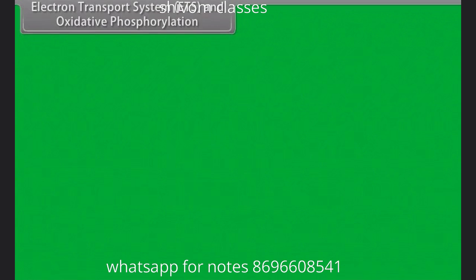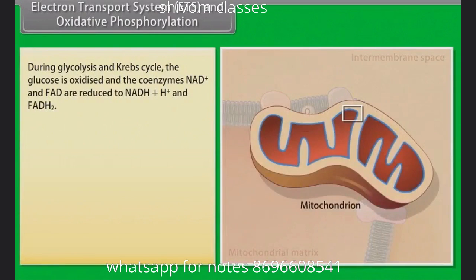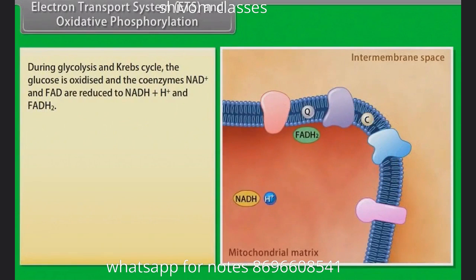Electron transport system, ETS, and oxidative phosphorylation. During glycolysis and Krebs cycle, the glucose is oxidized and the coenzymes NAD+ and FAD are reduced to NADH plus H plus and FADH2.